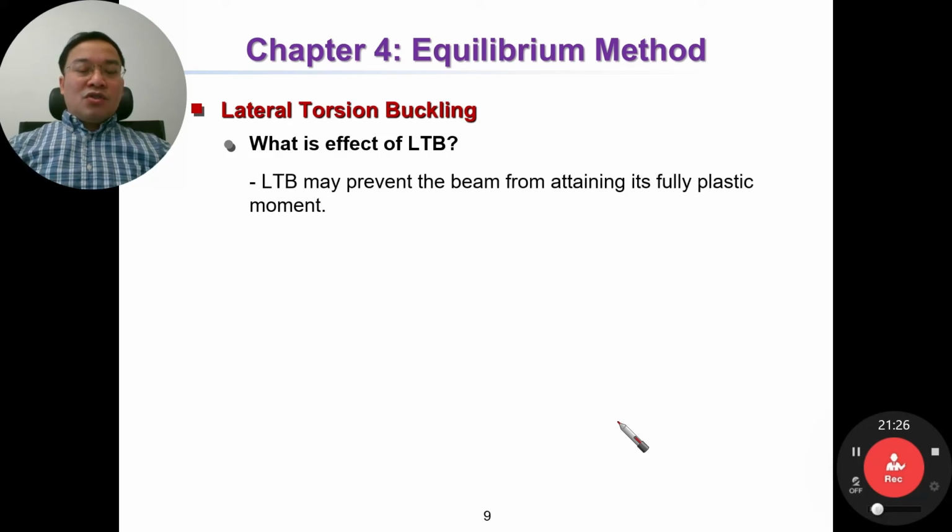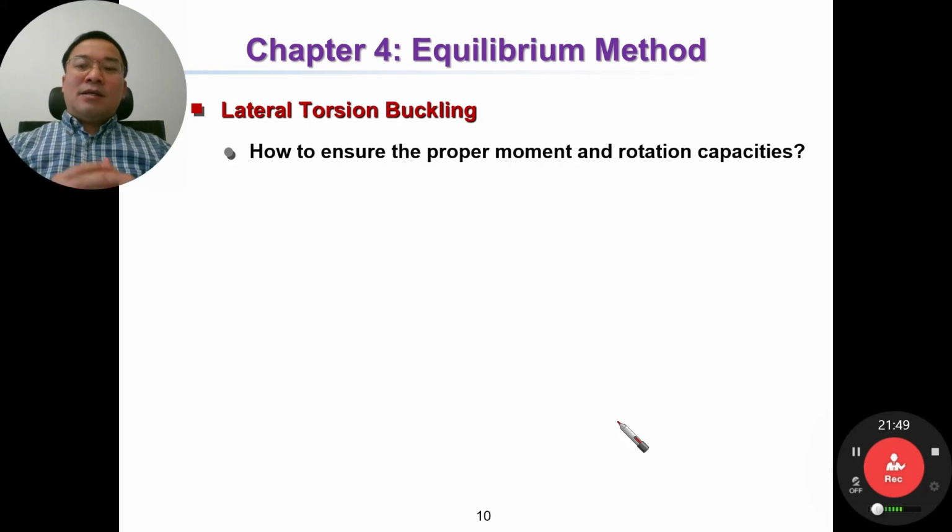The lateral torsion buckling may prevent the beam from attaining its fully plastic moment. In other words, the beam cannot achieve the fully plastic moment. That is the problem.